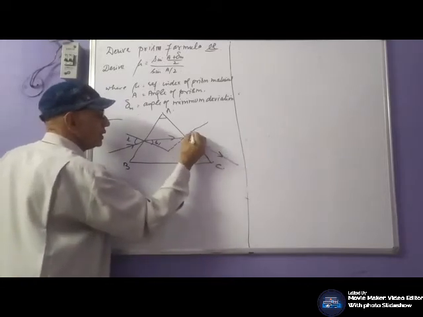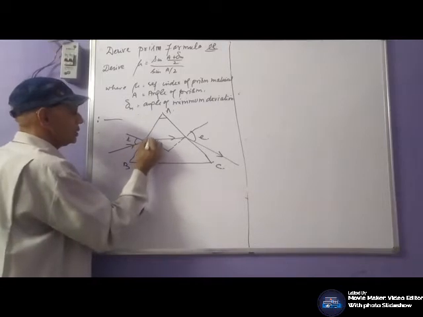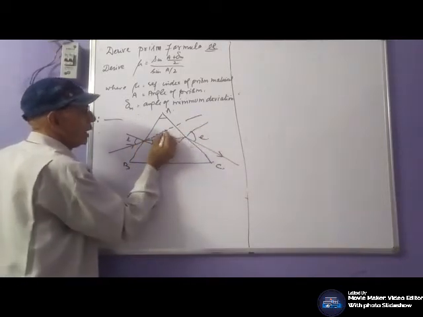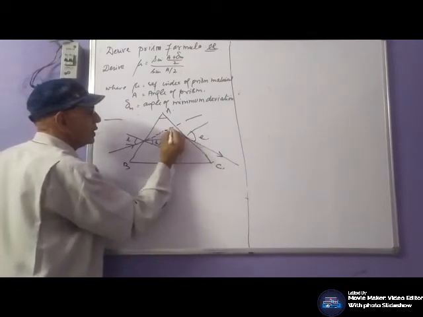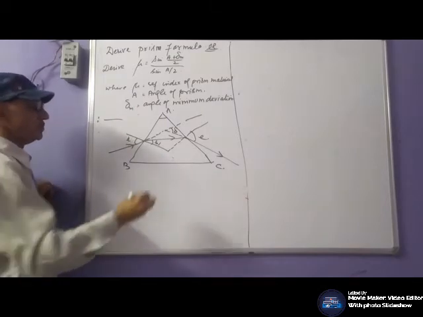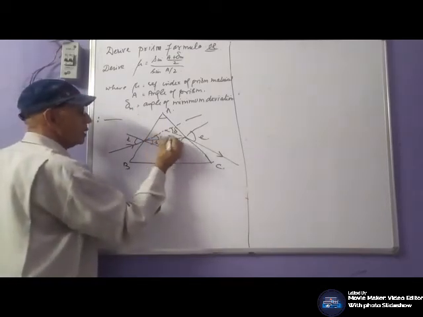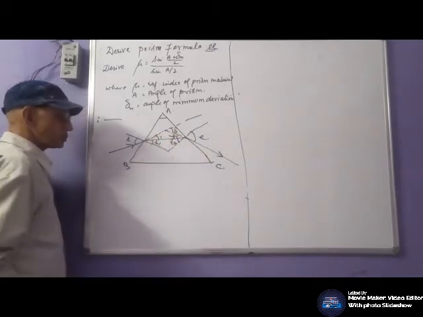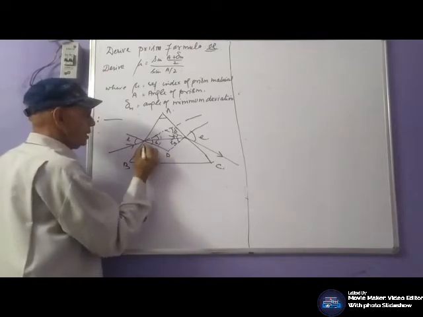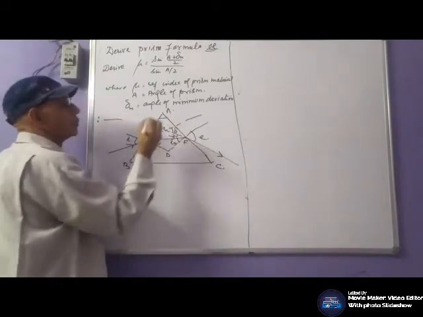This is emergent ray. This is angle of emergence. This was the path of ray, and ray has deviated from its path. The angle is delta. This is R2. This is 1. This is 2. This is D, E, F, G.